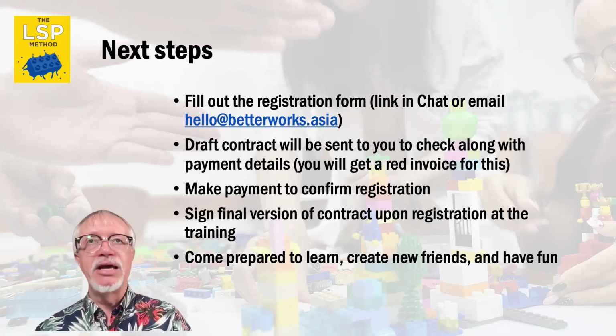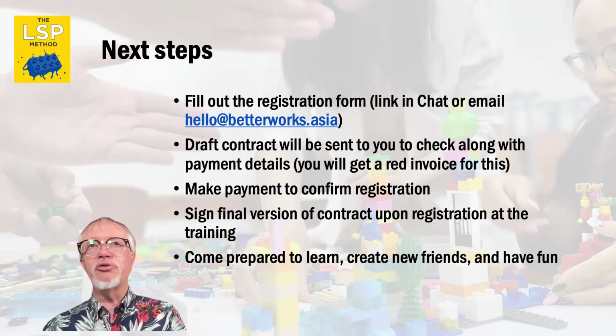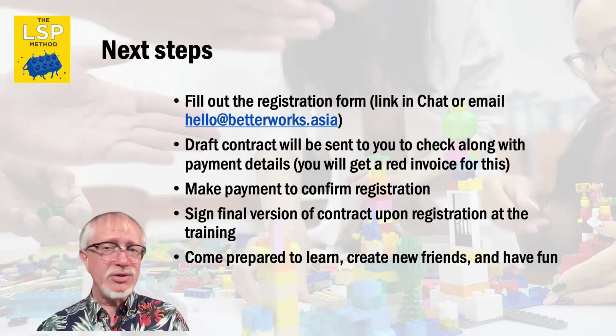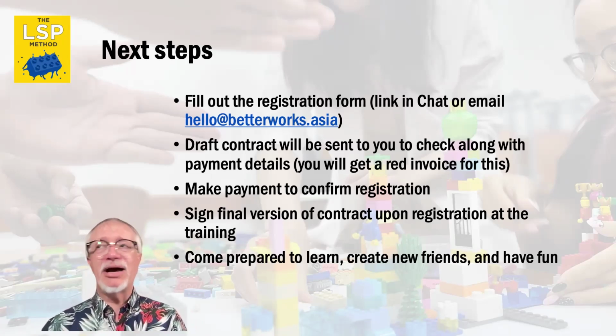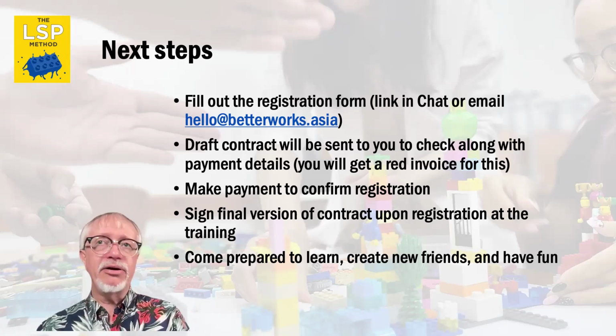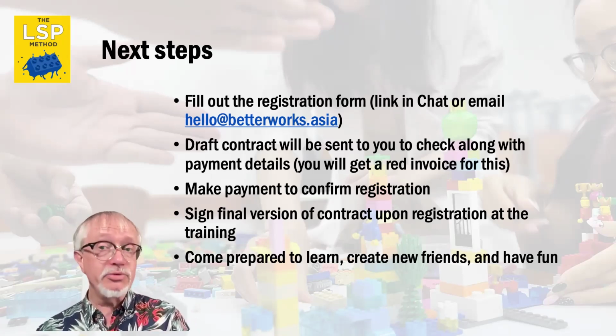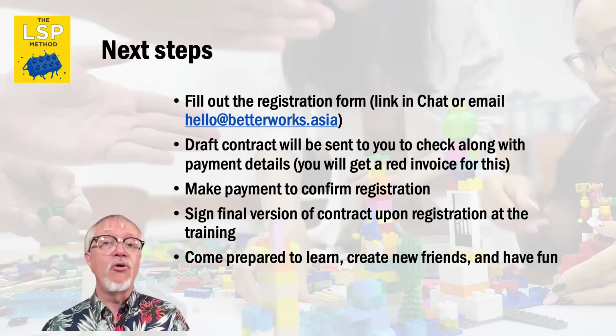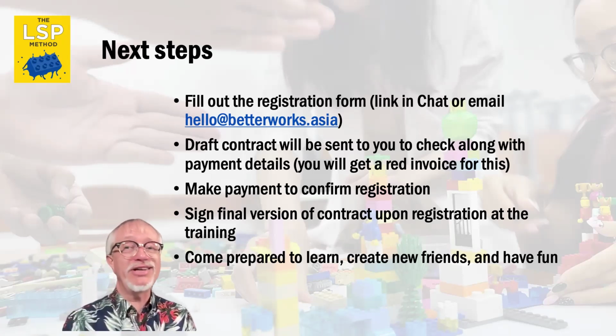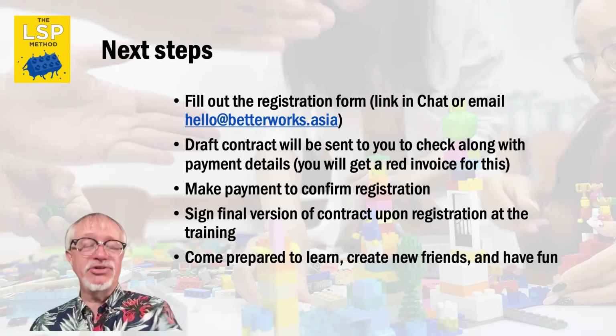Now, in terms of refunds, if you find that you can't attend after you've paid, our policy is that we'll give a full refund up to 3 days before the training, or you'll have the option of shifting your payment to a later training.